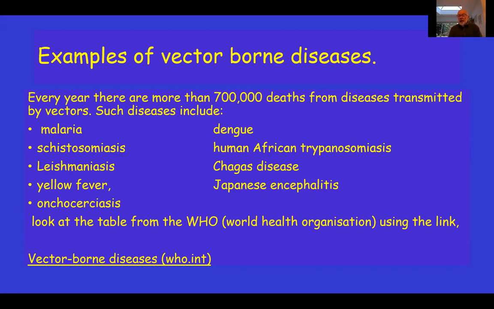So schistosomiasis, leishmaniasis, yellow fever, onchocerciasis, dengue, awful diseases, dengue, and what we call the hemorrhagic fevers like Ebola and Lassa fever, all part of the dengue family. Hemorrhagic means it causes extensive bleeding internally.